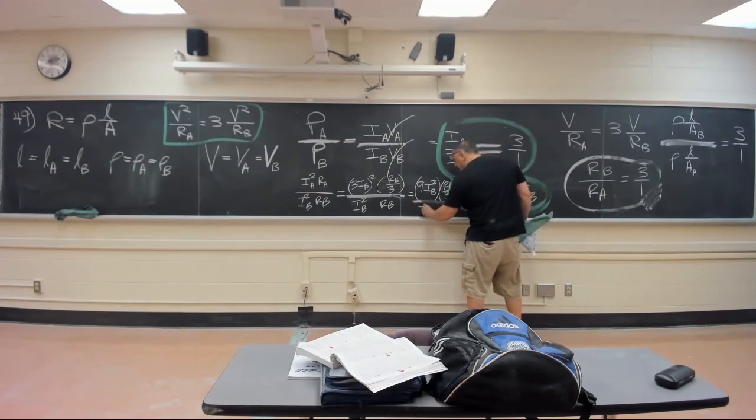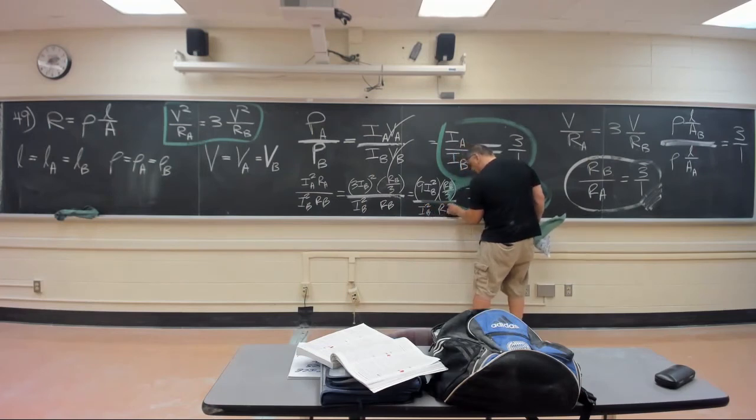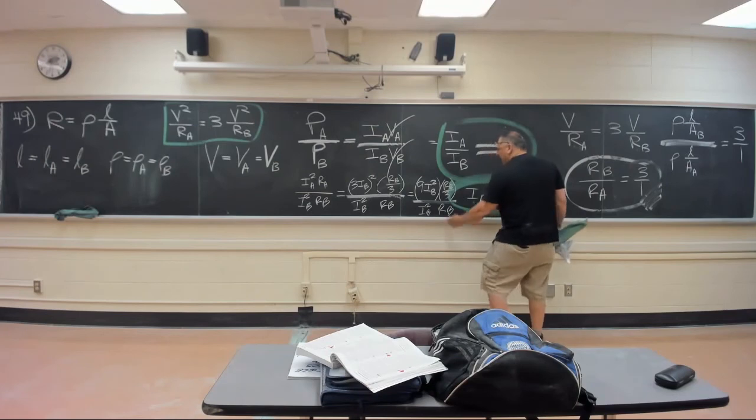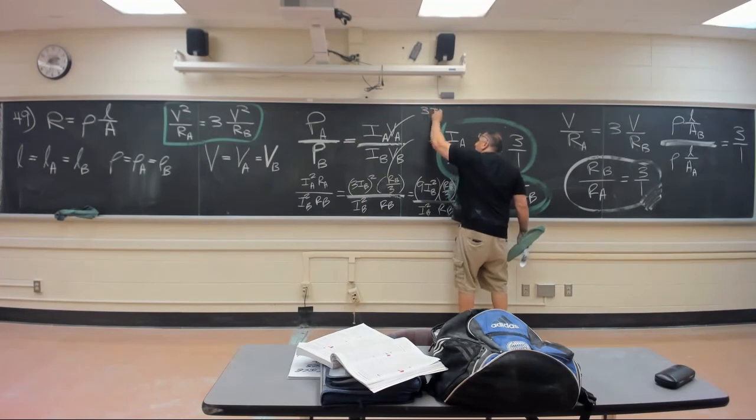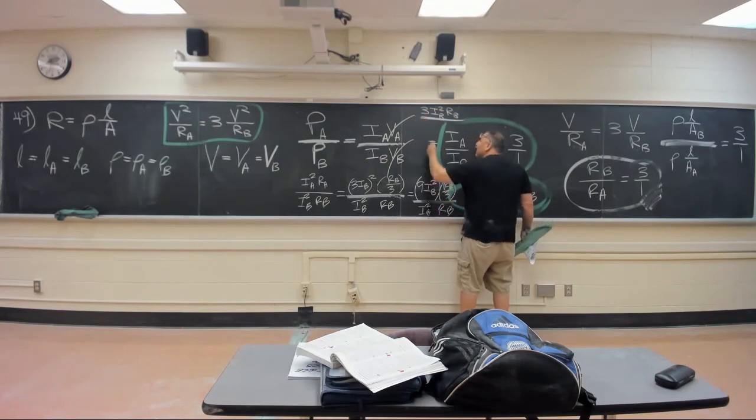And the other one is IB squared RB. Wait a minute. The 9 and the 3 cancel. You got 3.